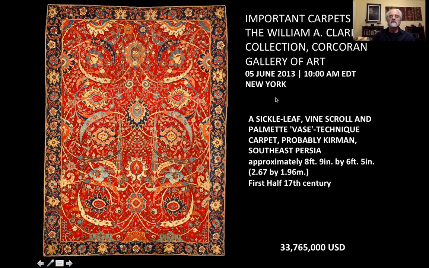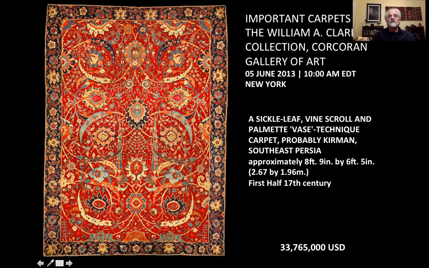They had actually a reasonably substantial carpet collection that had been established in the first part of the 20th century by wealthy donors, and William Clark being one of them. And this rug, the famous sickle leaf rug, was then put up for auction in 2013 at Sotheby's, and it went for what was then and still is a record price of in excess of $33 million.